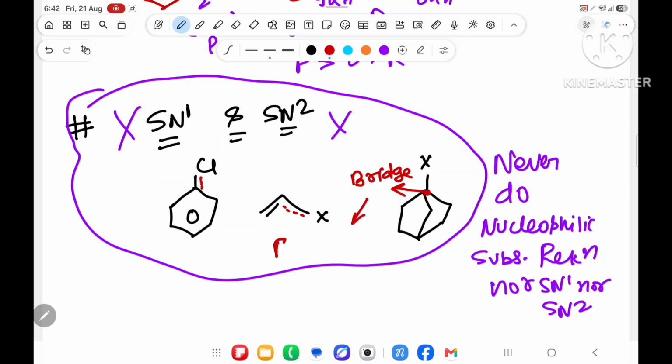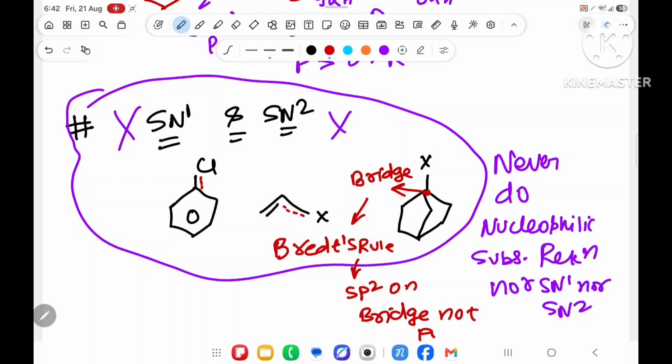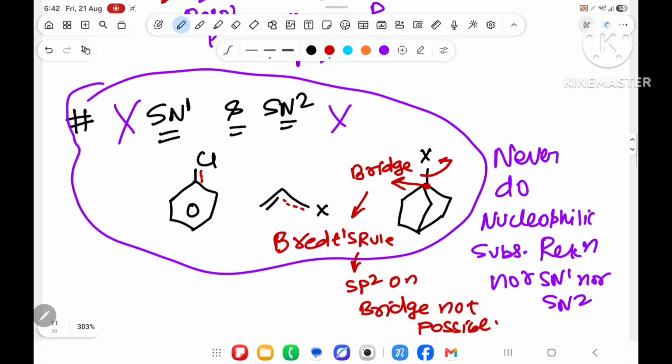And according to Bredt's rule, sp2 on a bridge is not possible. If you remove this halogen over here, this compound is stable, but if you remove this, what you will get is a carbocation, and if you find the hybridization over here, you will get sp2.